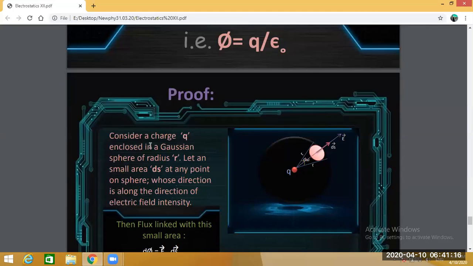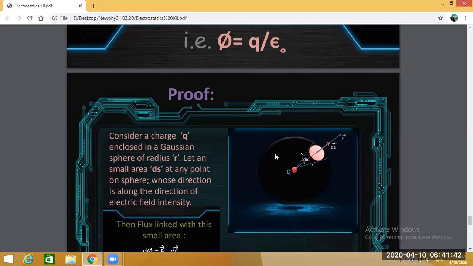Now consider a charge Q situated at the center and enclosed in a Gaussian sphere of radius r. A Gaussian sphere is an imaginary sphere we draw in such a way that the sphere will pass through the point where the electric field is to be determined.